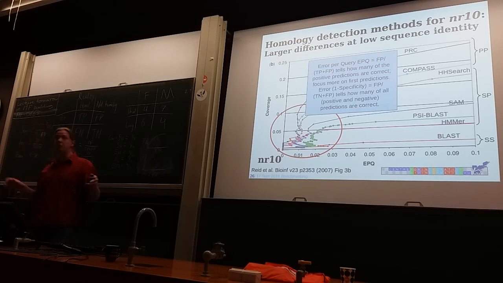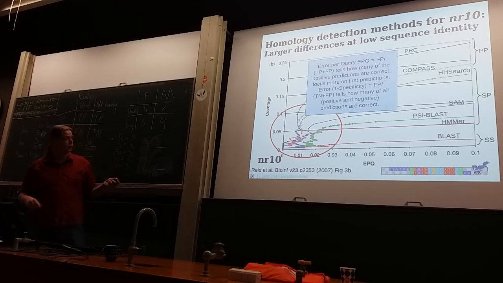I mean, it's still not good numbers, right? If you have a coverage of 0.2 and an EPQ of 0.1, first of all, that means that 1 out of every 10 hits is actually wrong. And it means that you still only manage to detect 1 in 5 of your actual homologs.